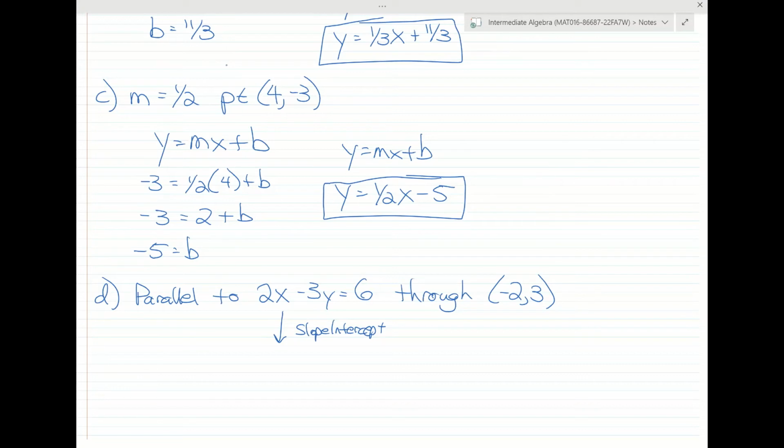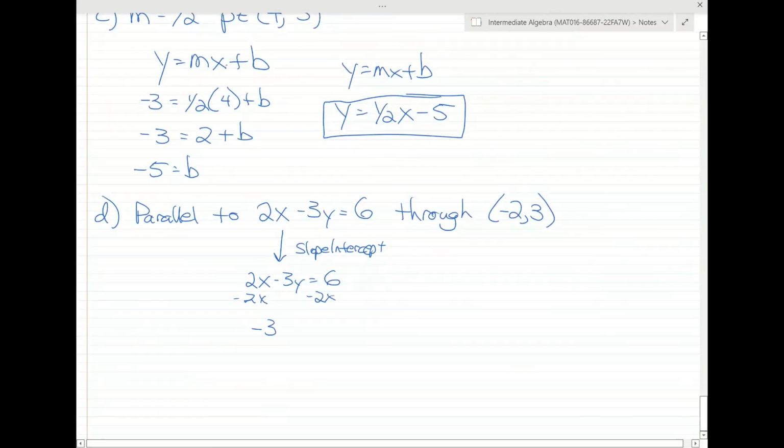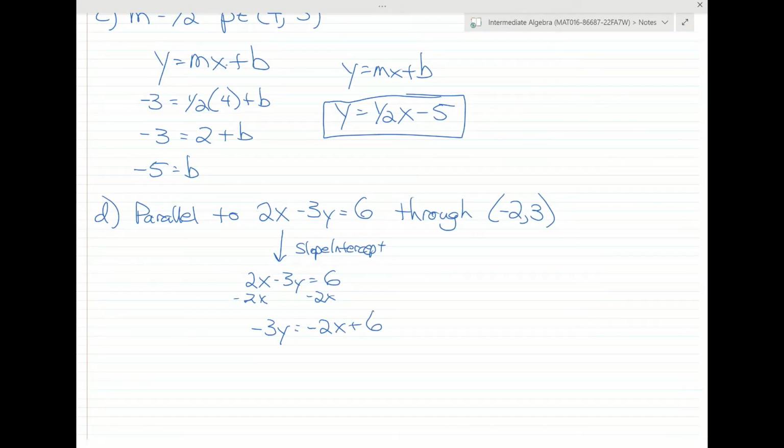So what we could do is bring the 2x on the other side. And then divide by -3.